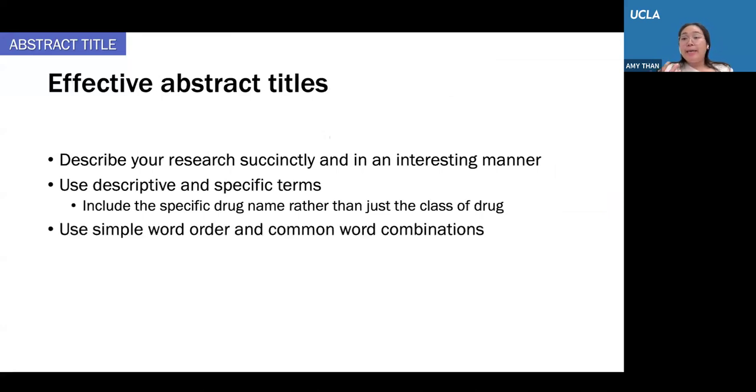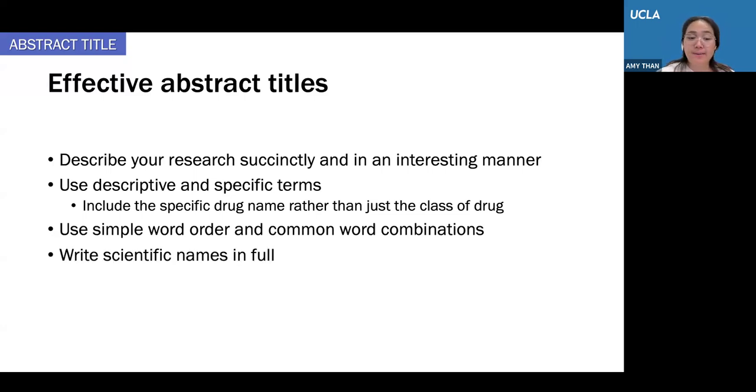So to make an abstract title effective, you'd like it to describe your research very succinctly, which means concisely and also in an interesting manner. You want to use descriptive and specific terms, include the specific drug name rather than just the class of drug, for example. And you also want to use simple word order and common word combinations. So don't make it too flowery or convoluted in what the title is trying to convey.